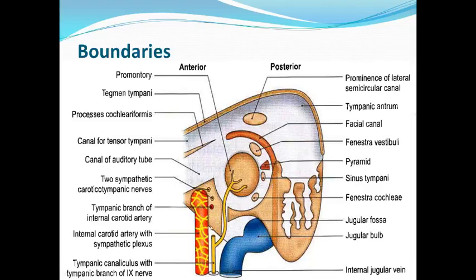Now this plate separates the middle ear cavity from the internal carotid artery, or the carotid canal. And this plate of bone, you can see, is perforated by some structures: the two sympathetic caroticotympanic nerves and the tympanic branch of the internal carotid artery.